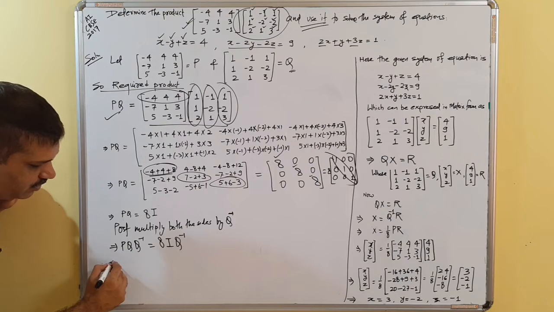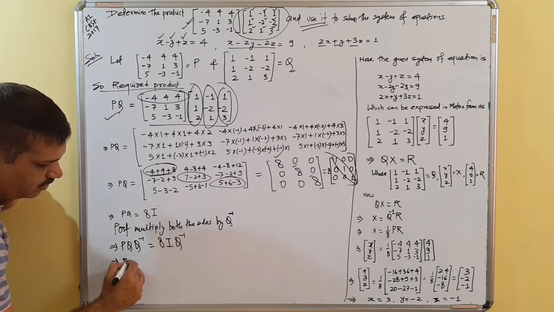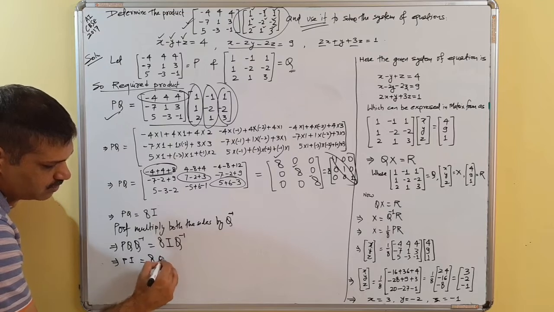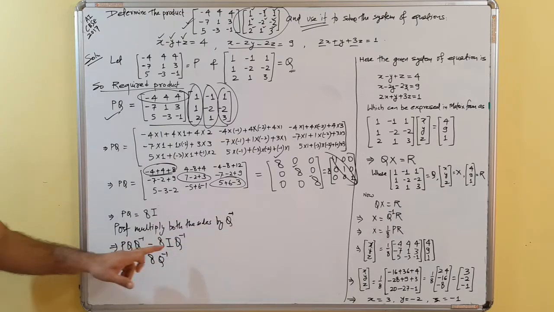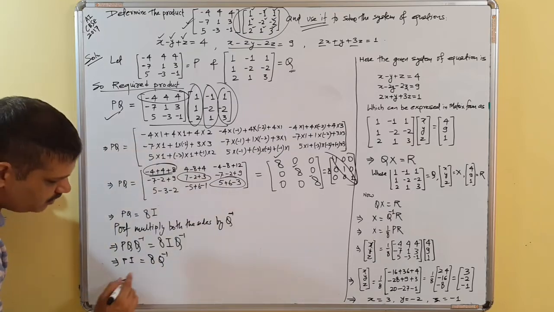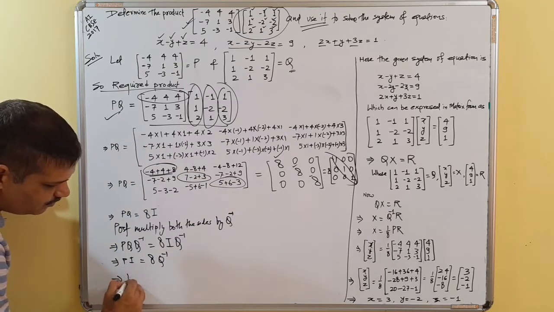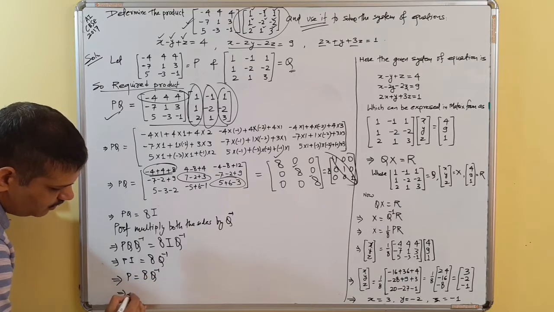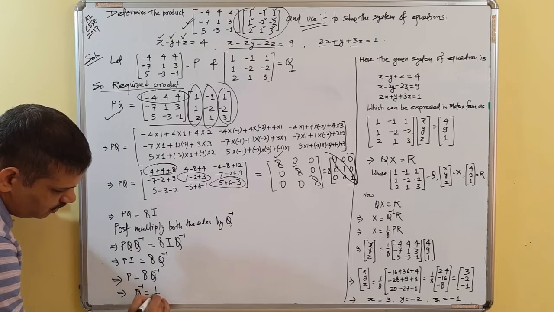Now Q Q inverse will be I. So P I is equal to 8 I into Q inverse, and I multiplied by any matrix gives the same matrix. So P is equal to 8 Q inverse. Simply, Q inverse is equal to 1 by 8 times P.